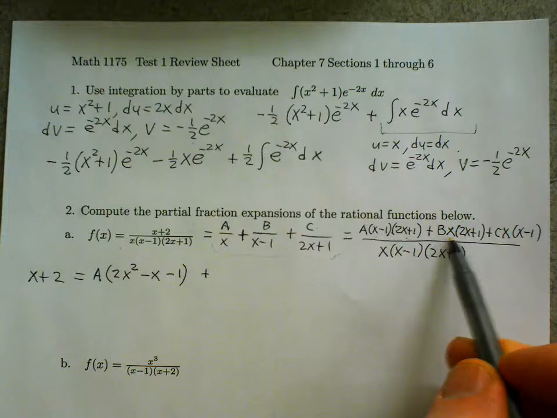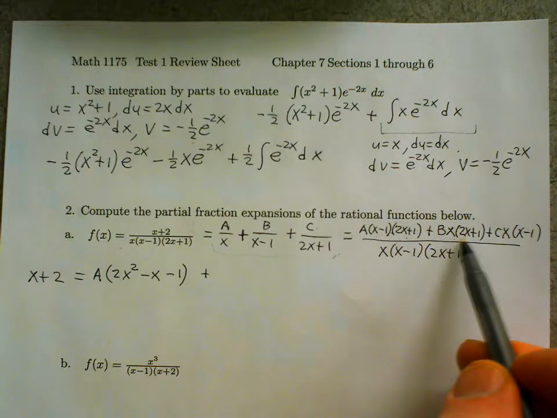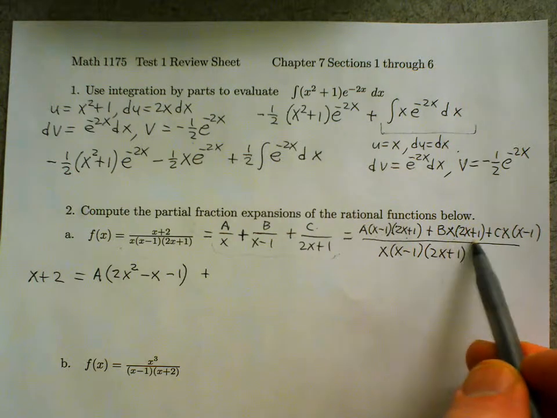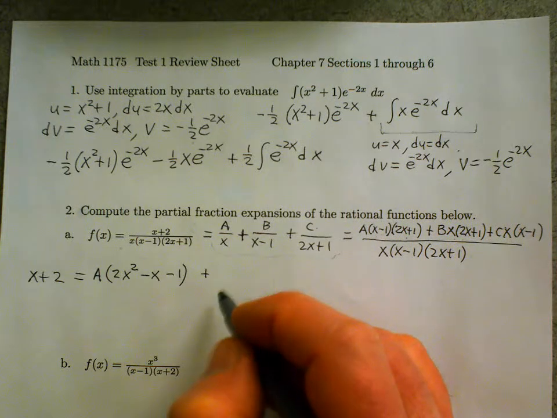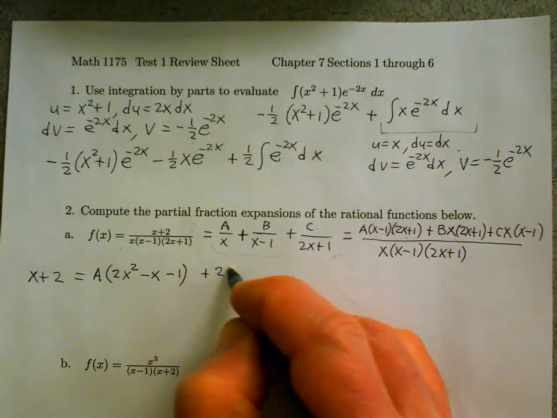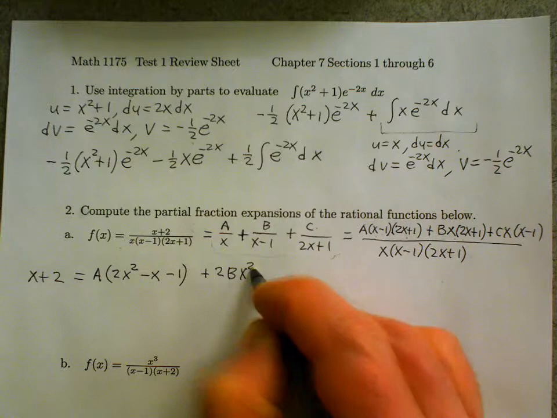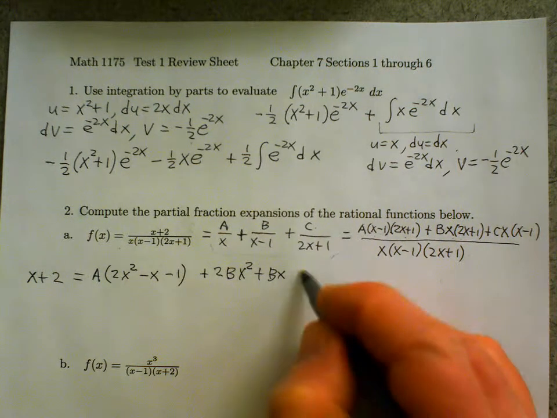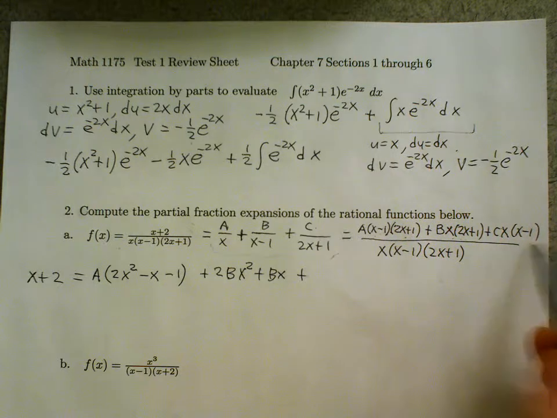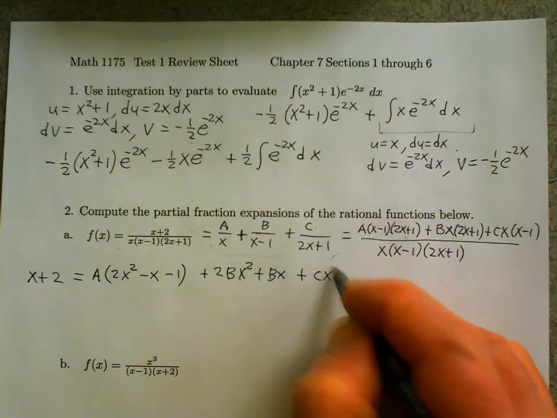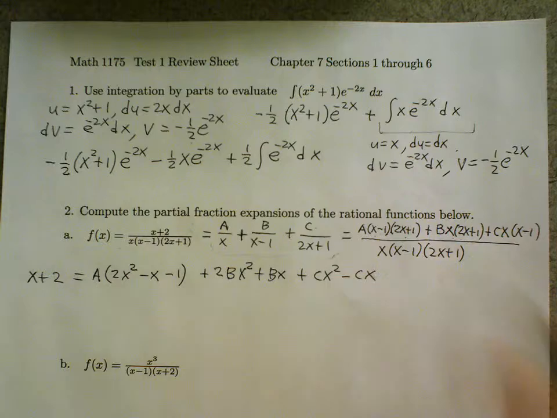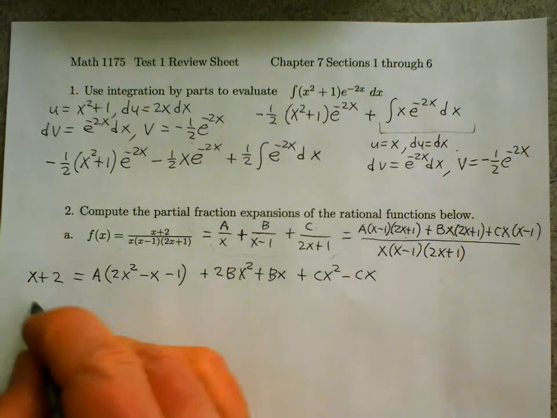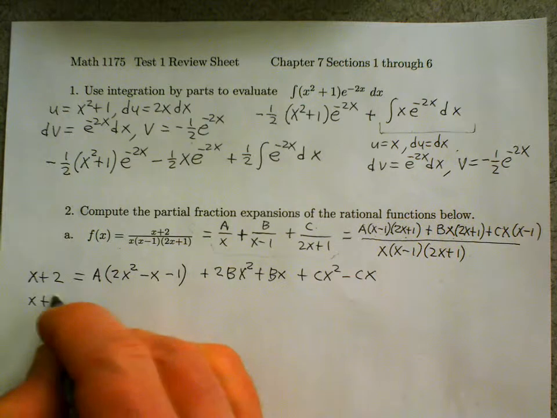Then in the next product, bx times the linear factor 2x plus 1, we get plus 2bx to the second plus bx. And then cx times x minus 1 is cx to the second minus cx. And we'll take this a couple of steps further.